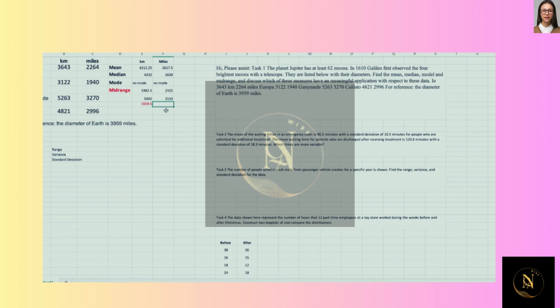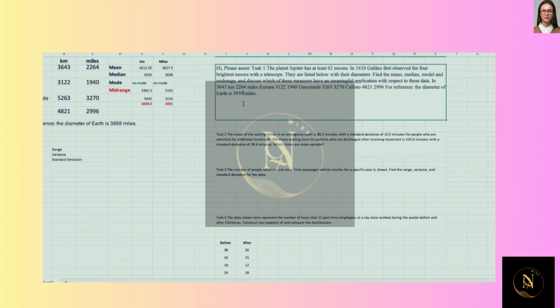And then I'm going to subtract the two numbers: equals F6 minus F5. Okay, so then this is the mid-range also.